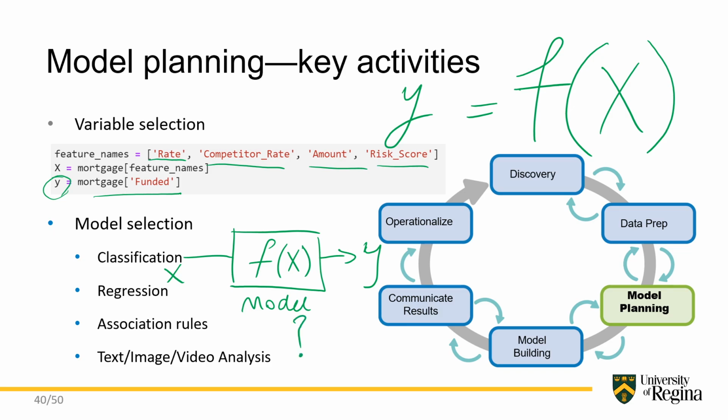So this is the model that you want to create. In machine learning, we don't know what that model is. This is the problem that we have. For historical data, we know what our X and our Y are, and we try to find that model.